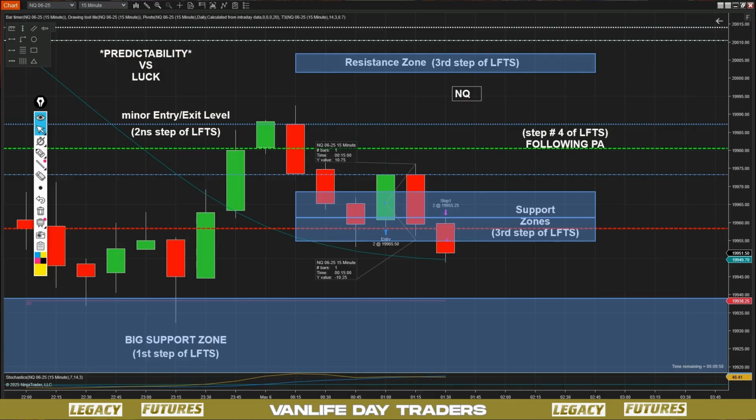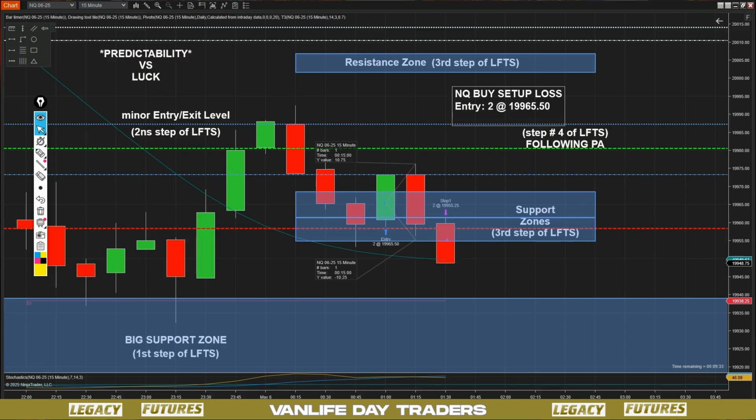Nasdaq buy setup, loss. We have entry, 2 contracts at 19,965.50.